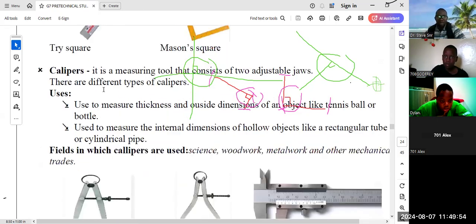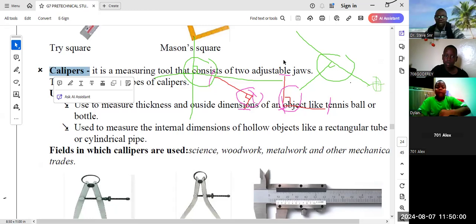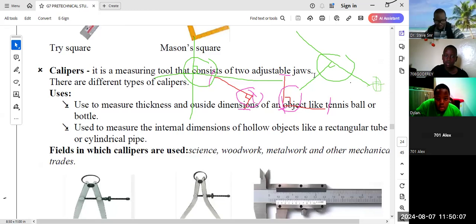Then number 4, we have what we call calipers. Calipers is another tool that is used for measuring. It is a measuring tool that consists of 2 adjustable jaws. We also have different types of calipers.